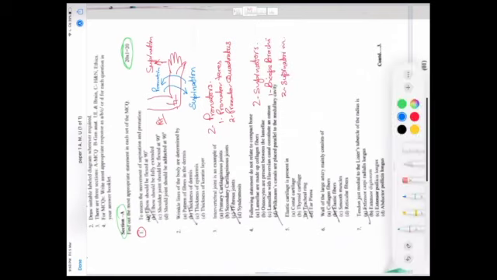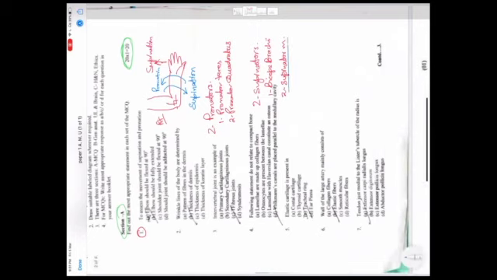So now talking about supination in an extended elbow, the supinator is more involved in an extended elbow.